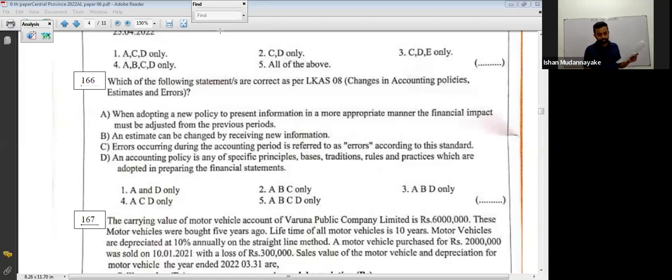If we change the policy, the financial impact must be adjusted from the previous period, and that is called retrospective adjustment. Retrospective means previous periods also we need to adjust.